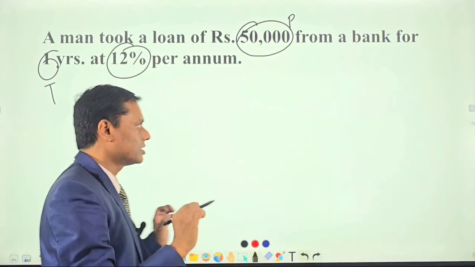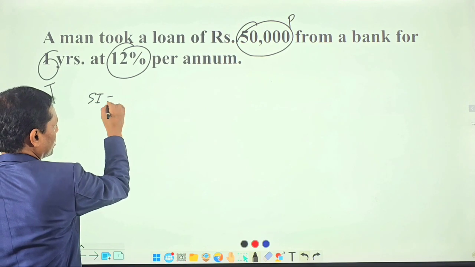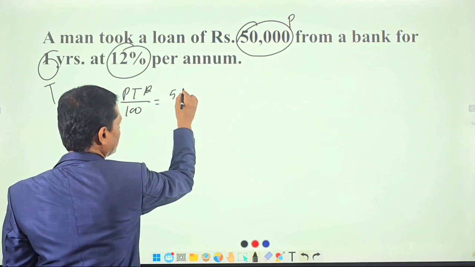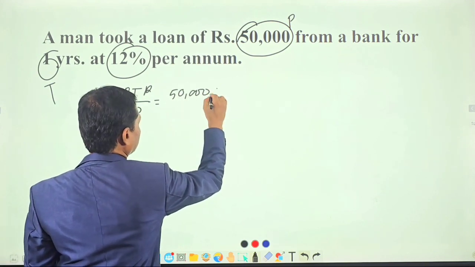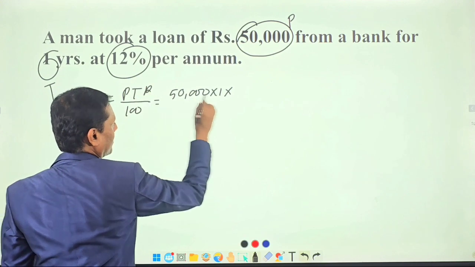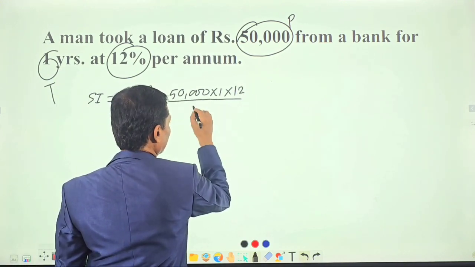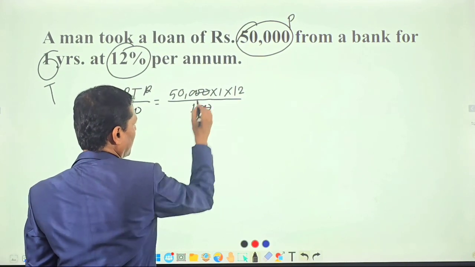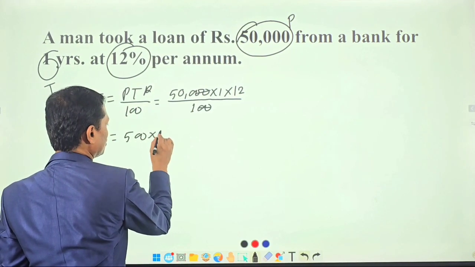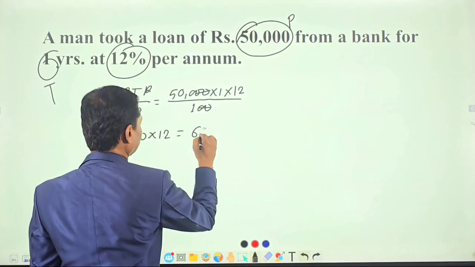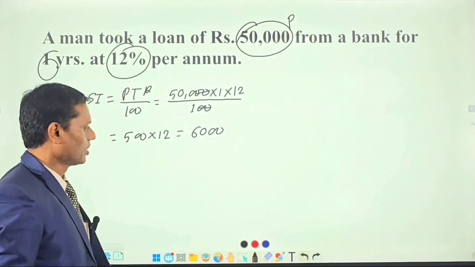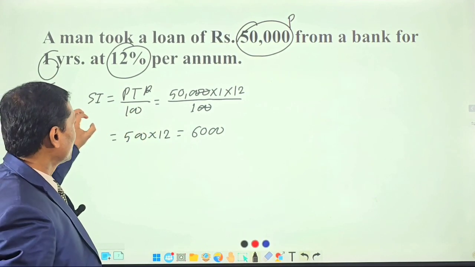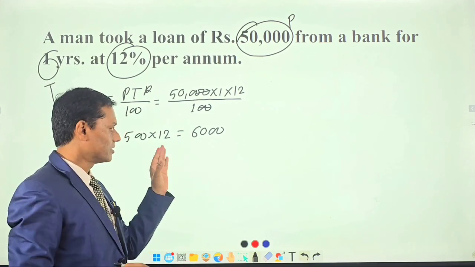So if I find the simple interest here, then simple interest equals PTR over 100, that is 50,000 into 1, and rate is 12% over 100, and 2 zeros we can cut, and 500 into 12, so that is 6,000. So we saw the simple interest on rupees 50,000 in 1 year at the rate of 12% is 6,000.